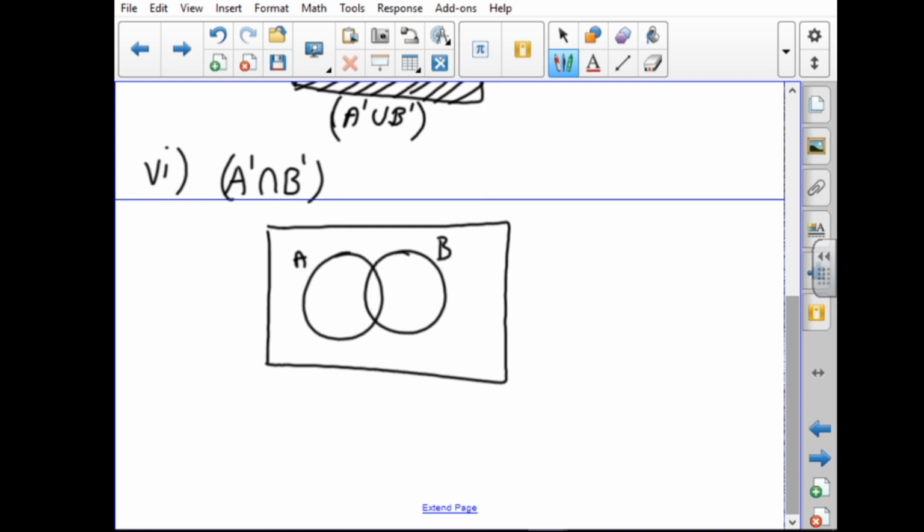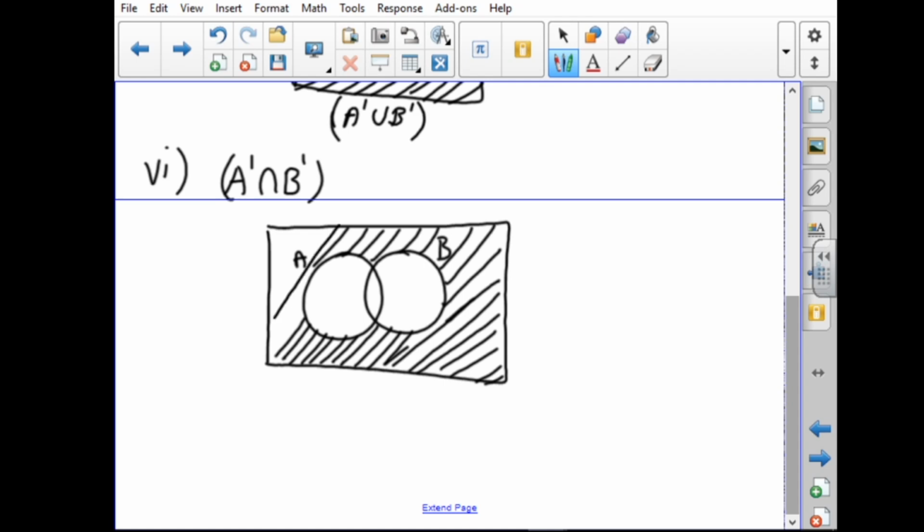Already one time we found it. Intersection means common parts. So this is the common part of A dash and B dash. This is your A dash intersection B dash.